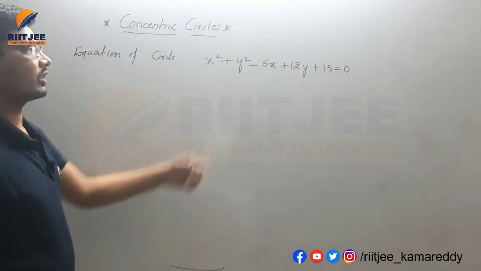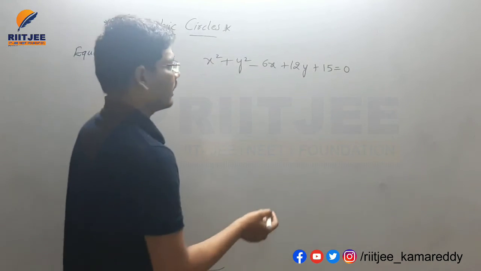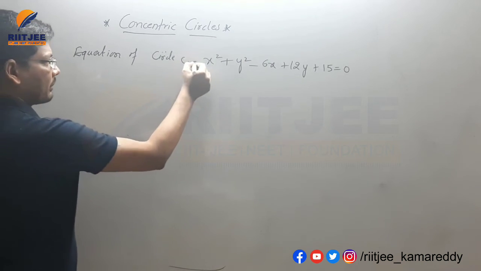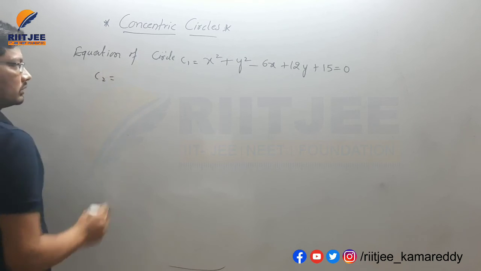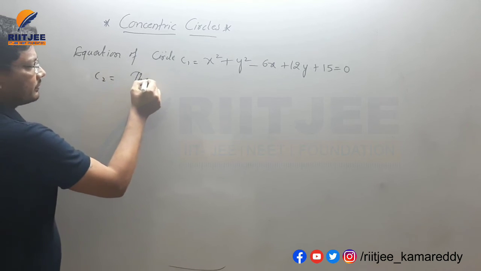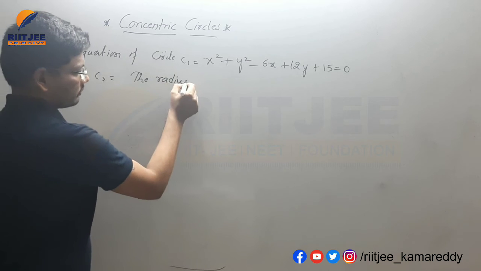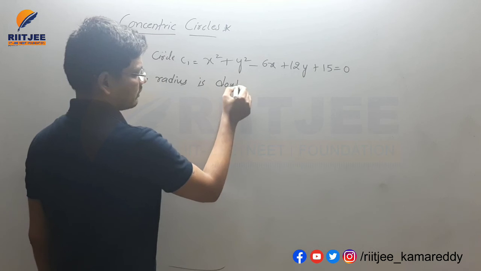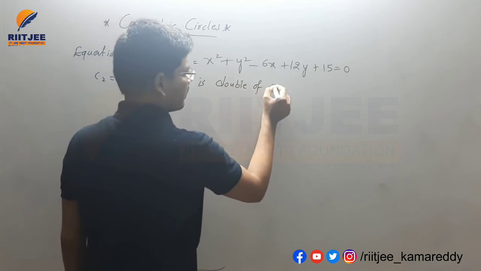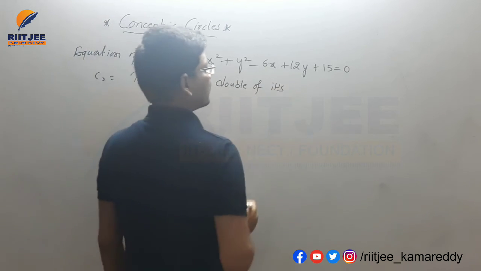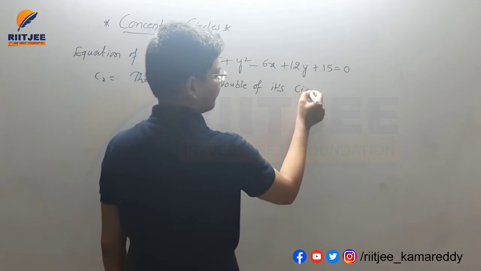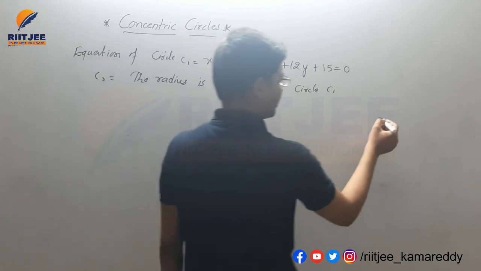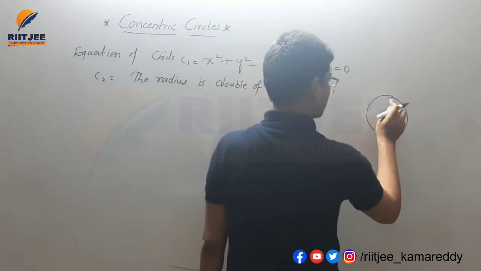This is the equation of circle number 1, and circle number 2 has a radius that is double that of circle 1, circle C1. Here the circle C1 diagram is this.